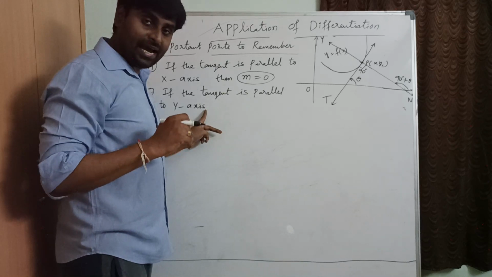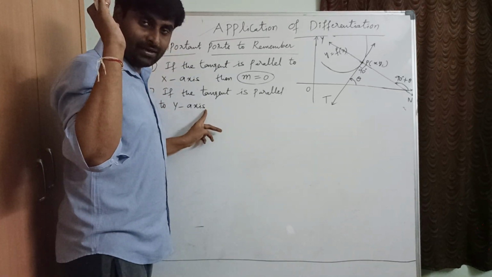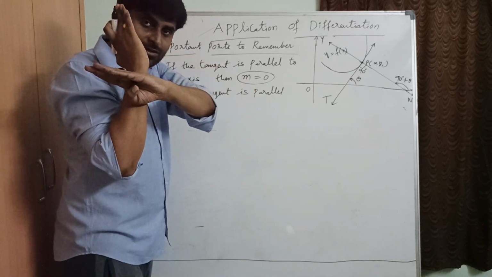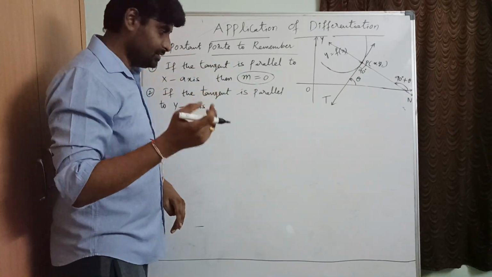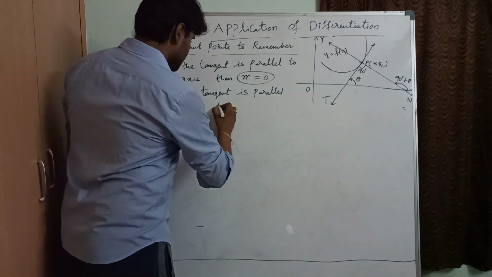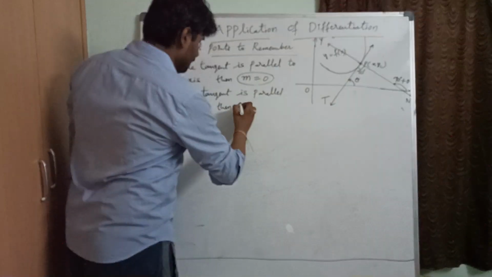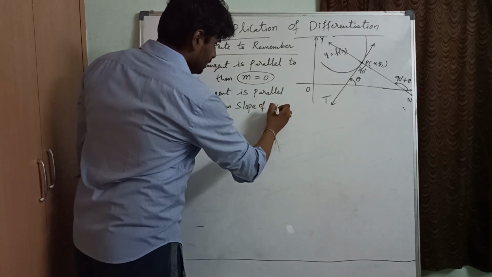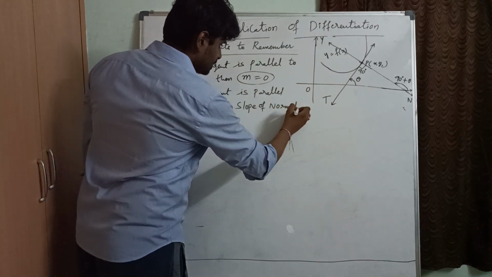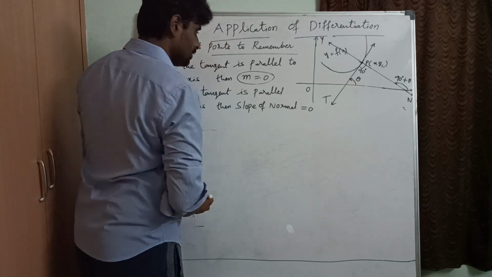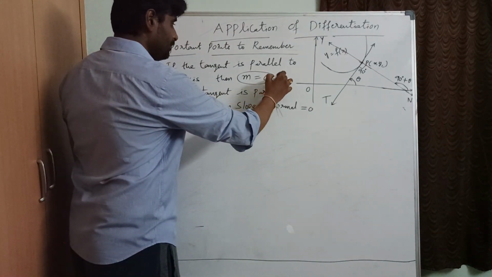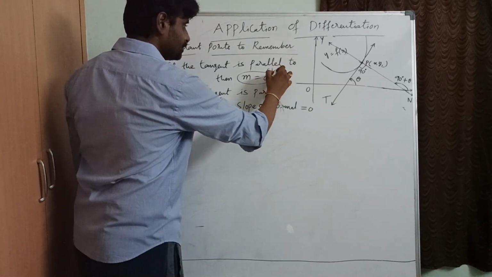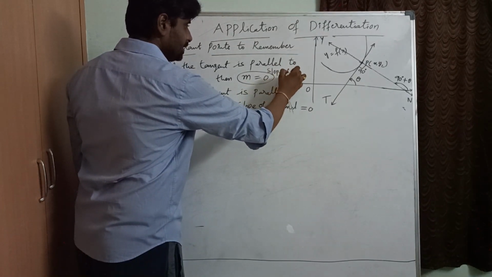So the slope of the tangent is undefined, but whenever the slope of the tangent is undefined, the slope of the normal will be 0, correct, which is perpendicular. So the slope of the normal will be 0. Here m means the slope of the tangent.